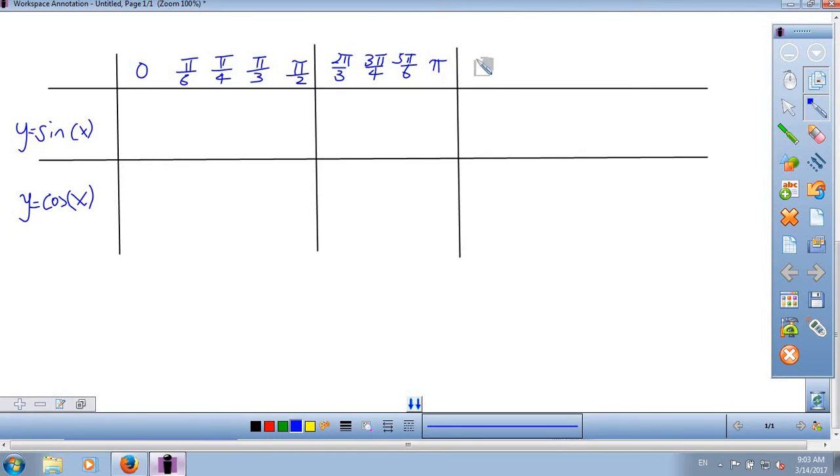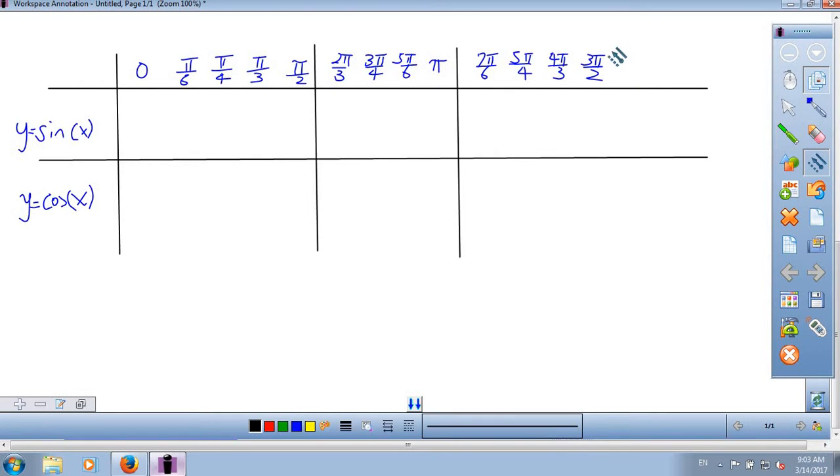And then if we continue going, this will be 7 pi over 6, and then 5 pi over 4, 4 pi over 3, and then 3 pi over 2.